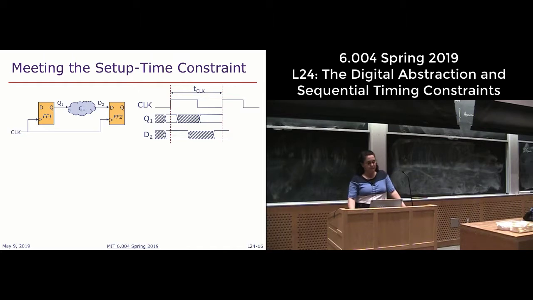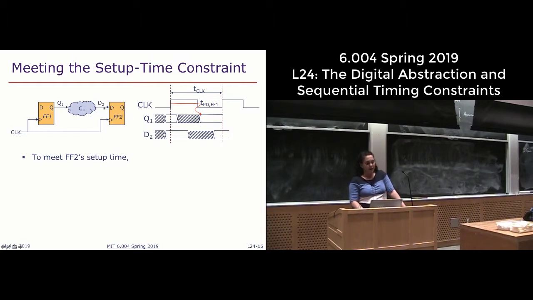So let's take a look. After my rising edge of the clock, the first thing that happens is my Q1 changes after T_PD of this flip-flop, okay? And we saw on the previous slide that that corresponds to this time here, the time from the rising edge to when Q1 stopped changing.